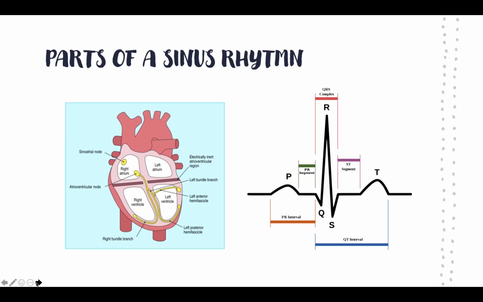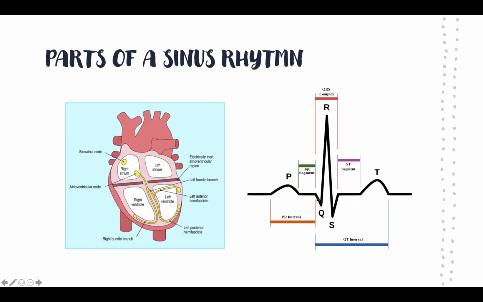So when we are looking at an ECG, we can correlate it to what the heart is doing. Our P wave represents atrial depolarization. Then our pause here refers to the AV node delaying the signal for a little bit, allowing the atria to contract and send the blood into our ventricles.